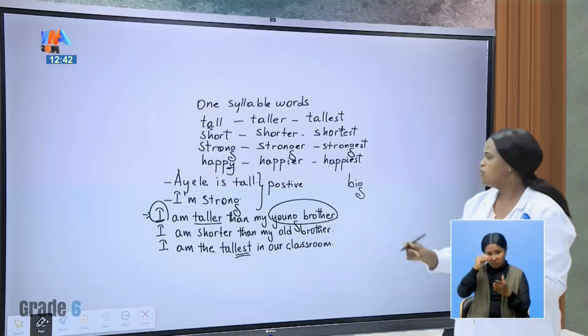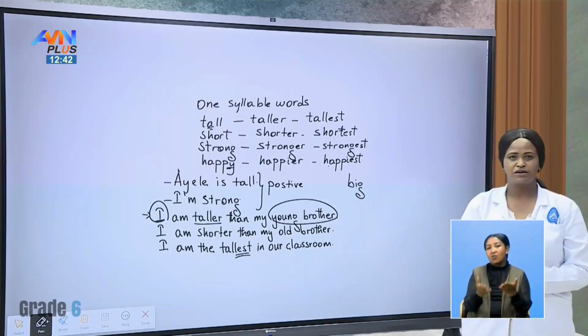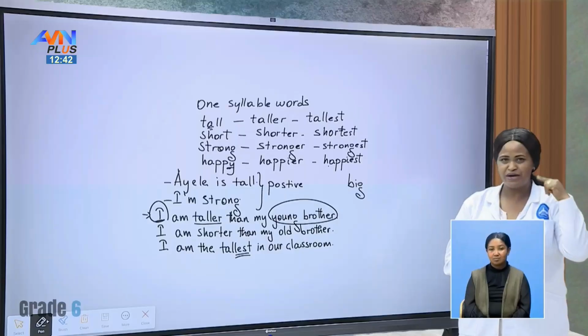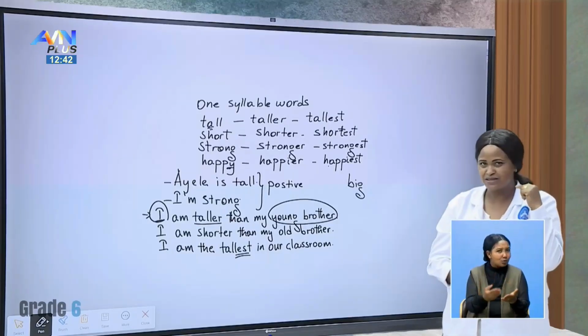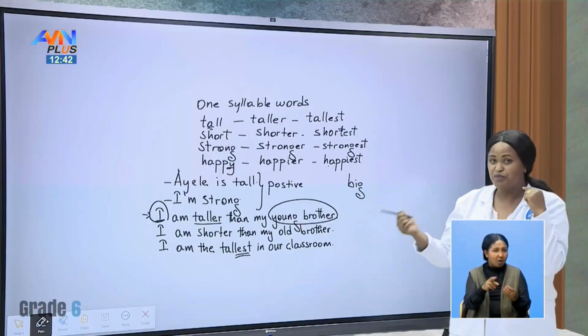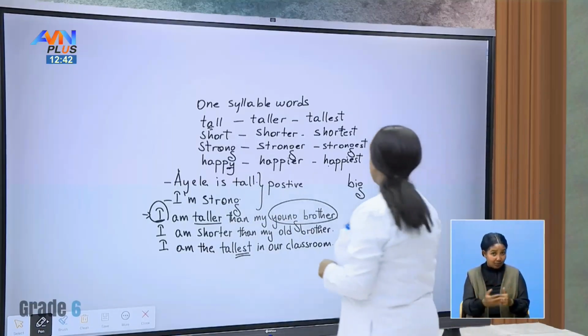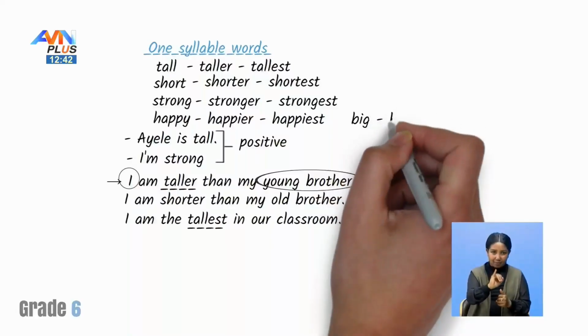So how do you write big in its comparative form? Remember, how do you use to write? Yeah? Big. Yes, it is bigger, but how was the spelling? Good. B-I. Look, this is its positive form.